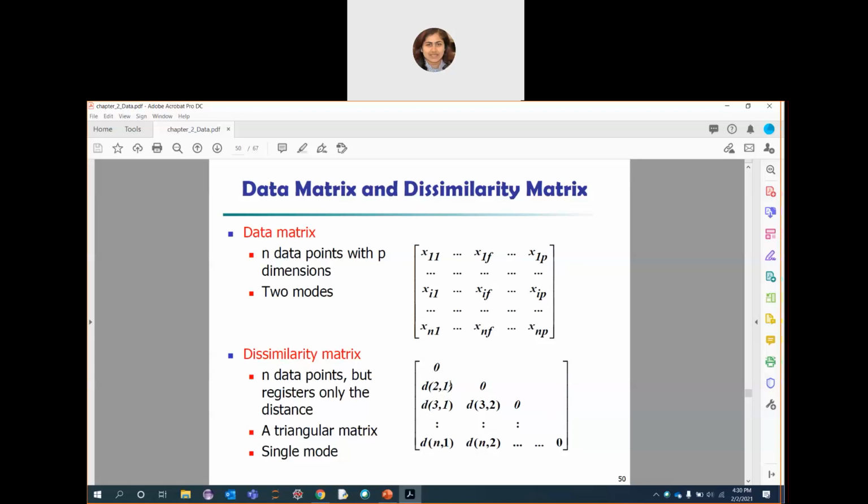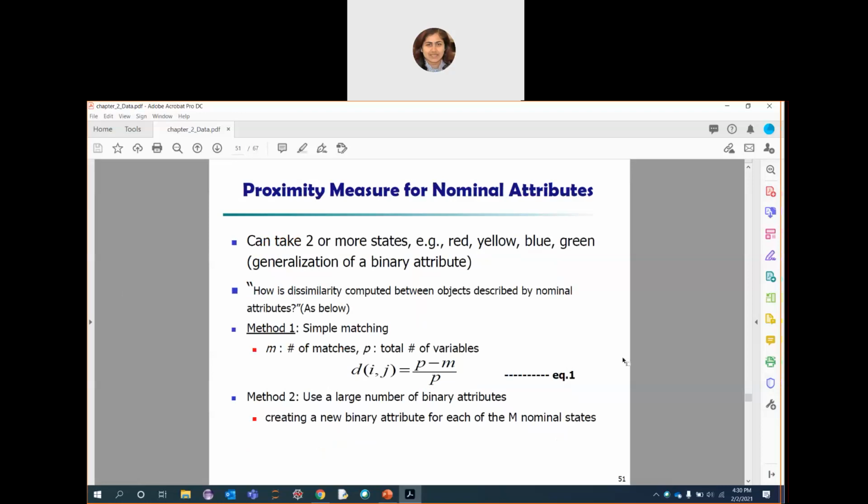So let's now see one example. Before the example, I need to mention the formulas. If you remember, we have nominal attributes, right? In the case of nominal attributes, how do you find the proximity measure?